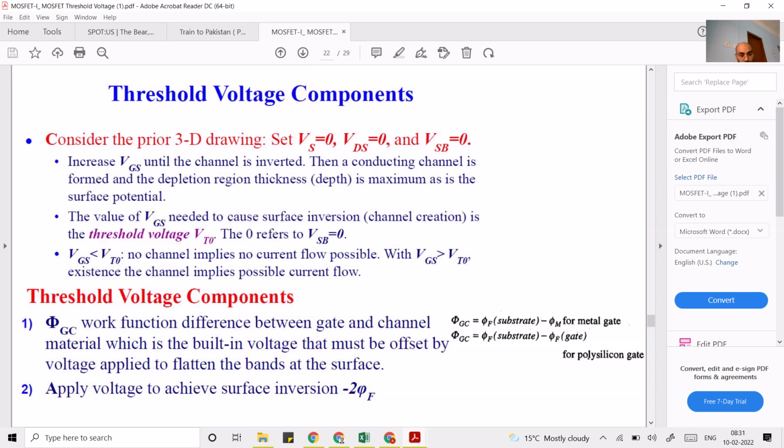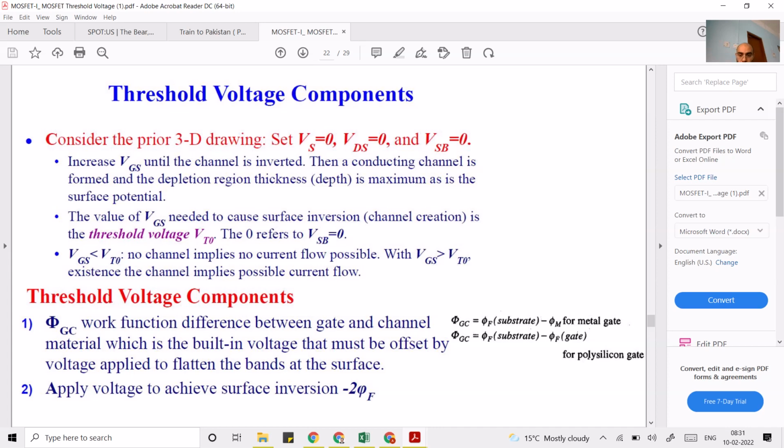The work function difference between the material you are using at the gate, the metal or the polysilicon, and the semiconductor is also called phi GC. If you want to calculate phi GC, the work function difference between the gate and the channel, you just take the difference of the work function of the metal you are using and the work function of the substrate.